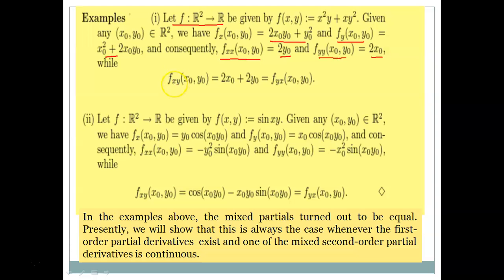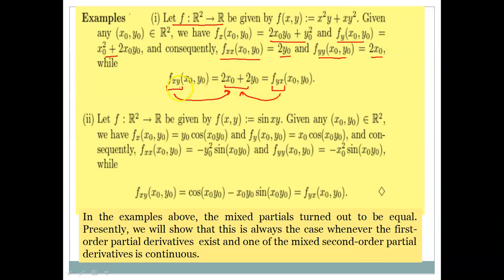Mixed partials means we want to find f_xy and f_yx. You will observe that if you find f_xy, that will be the same thing, and if you find f_yx, that will be the same thing. This is a special case, because the expression is a continuous function, since it is a polynomial, and a polynomial function is always continuous.